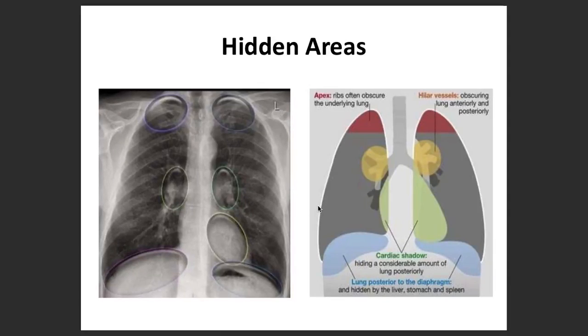And also the lung area posterior to the diaphragm, which is hidden by the liver, stomach, and spleen. These are the hidden areas you should especially try not to miss whenever you are seeing a patient. That's why it is very, very important a lot of times.